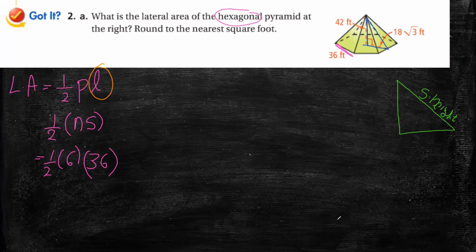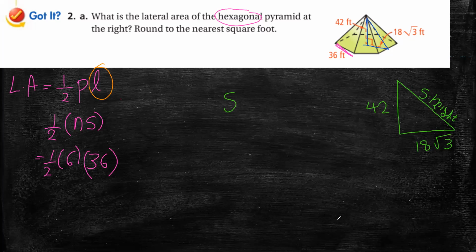This one is given, it's 18 square root of 3. And this one is given, it is 42. So I need now to find the slant height. 42 is one of the legs, 18 square root of 3 is the length of the other leg. How can I find the slant height? By the Pythagorean theorem.